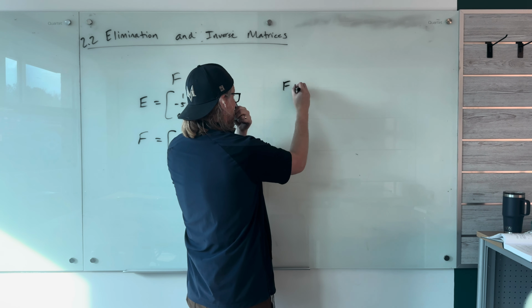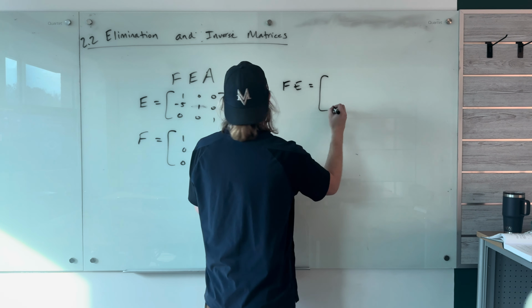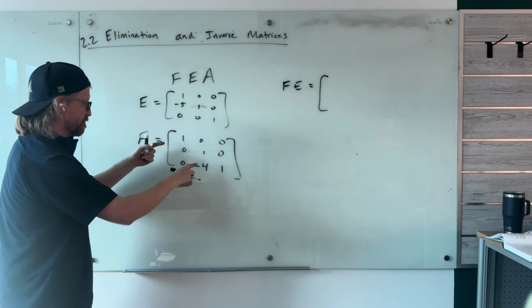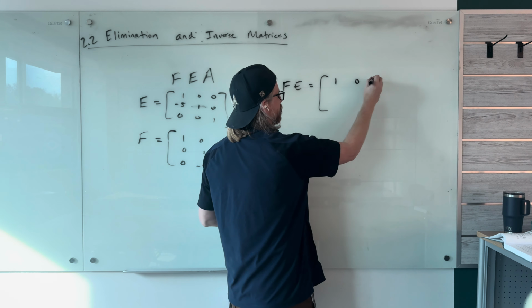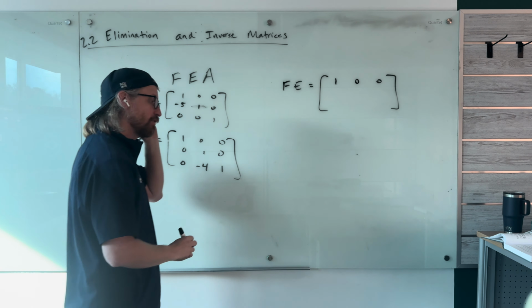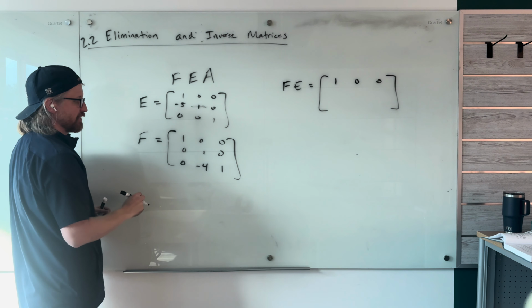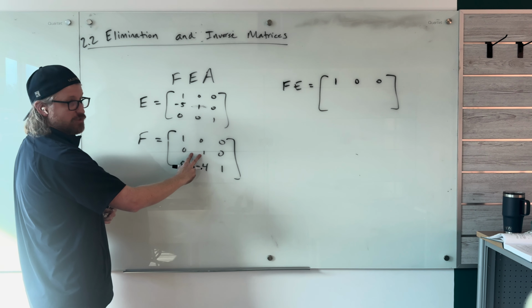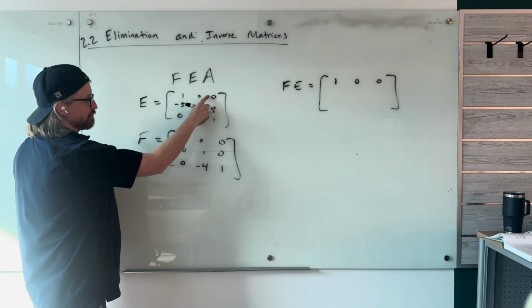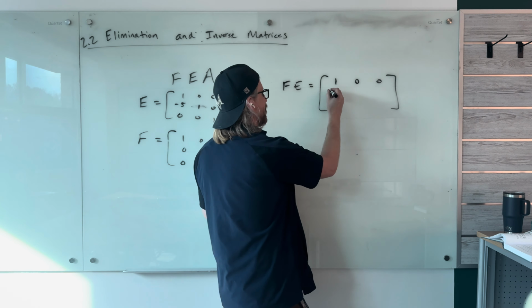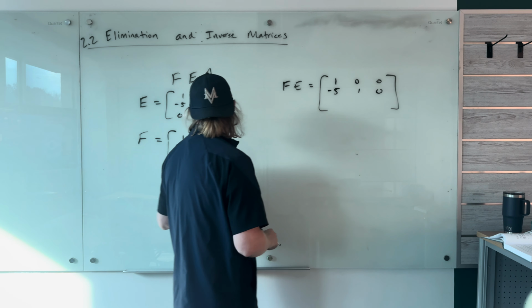So F, E. If I multiply these, I'm going to have my row 1 times column 1, so that's 1, 0, 0. We follow through. Again, notice how this is keeping row 1 the same. This is ultimately going to keep row 2 the same, so 0, 1, 0, 0, 1, 0, 0, 1, 0, 0, 1, 0. So negative 5, 1, 0.